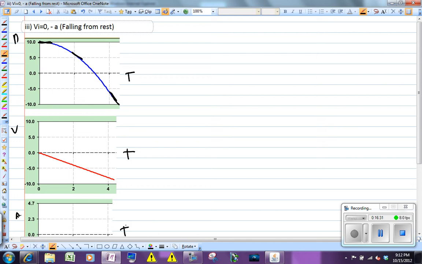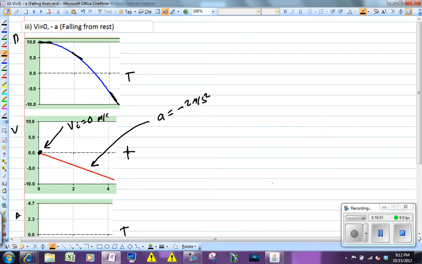On the velocity time graph, the slope is going to tell you the acceleration, and when you take the change in velocity divided by the time, you'll get negative 2 meters per second squared. When you look at the initial point, the y-intercept on that VT graph, that's going to tell you that VI is 0 meters per second.